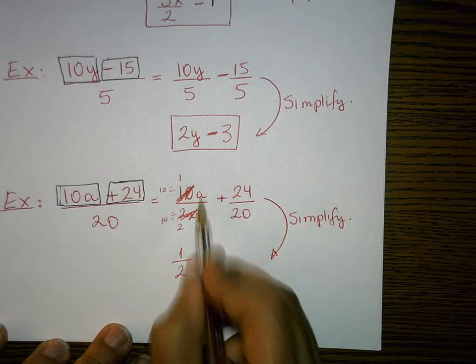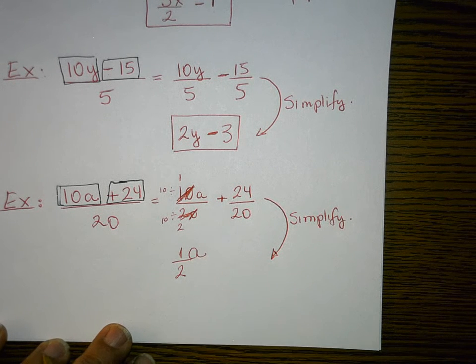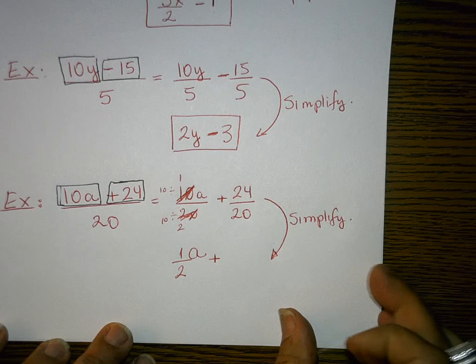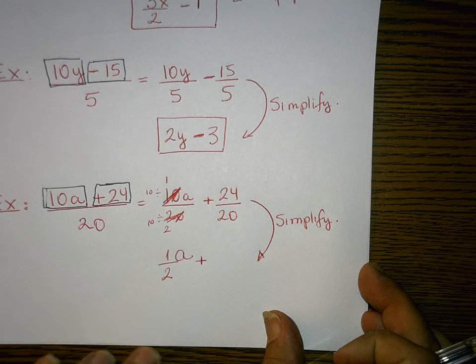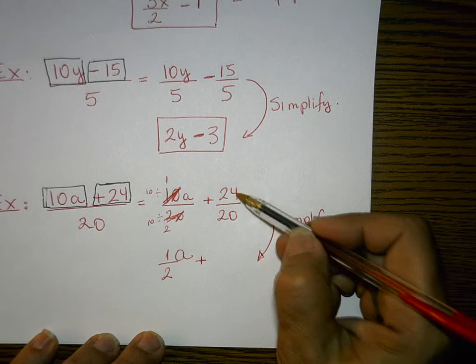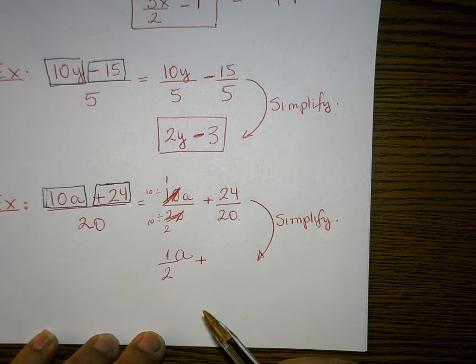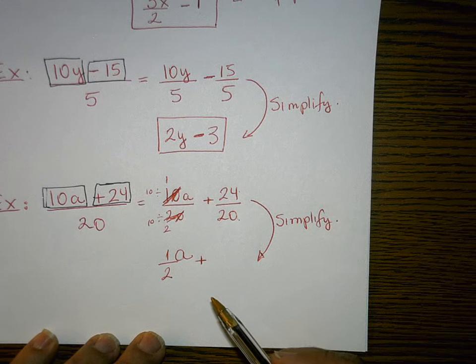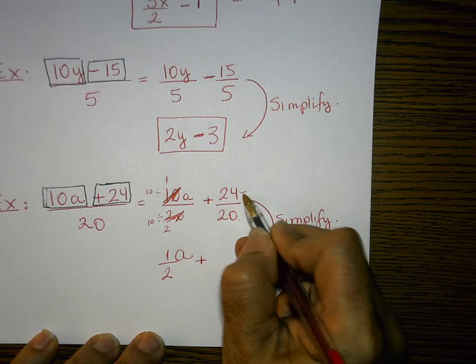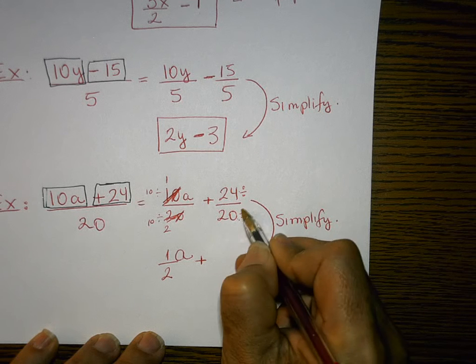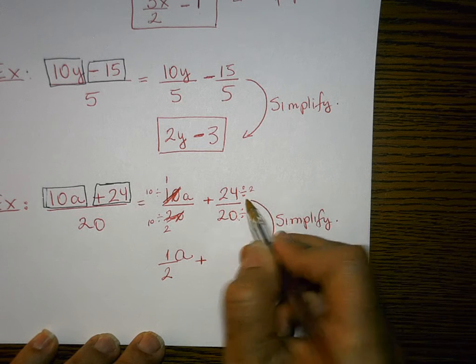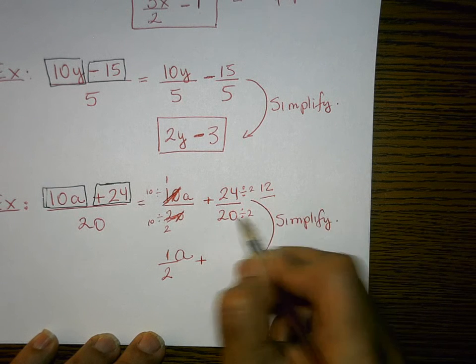My variable still stays here, 1/2 times a, plus, now let's think of a number that we can divide both of these values by. How about 2's. If you have a hard time dividing it, it's okay, go by 2. If I divide this by 2, I get 12 divided by 10.